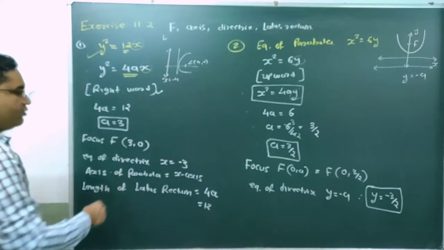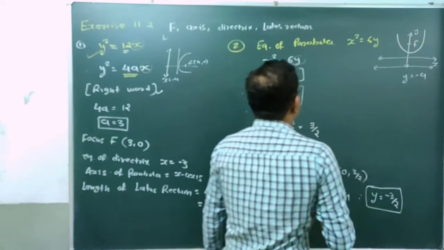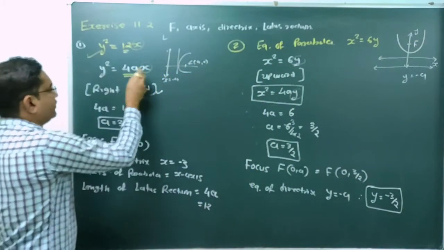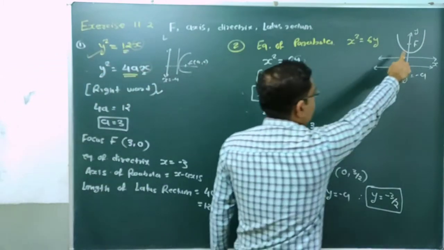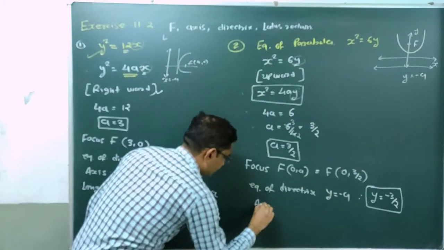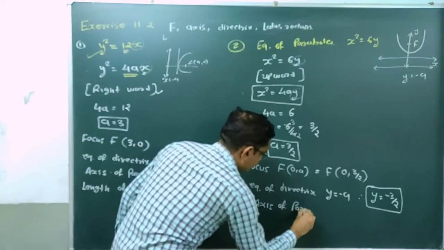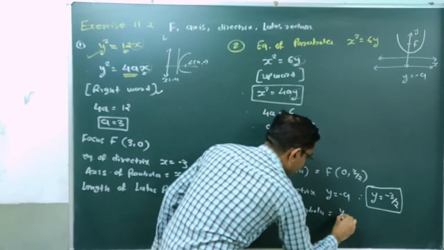Then axis of parabola. Here our parabola is symmetrical about the y-axis, है ना. ये check करना है आपको. For y square equal to 4ax, it's symmetrical about the x-axis. But in this case, our parabola is symmetrical about the y-axis. So axis of parabola is our y-axis.